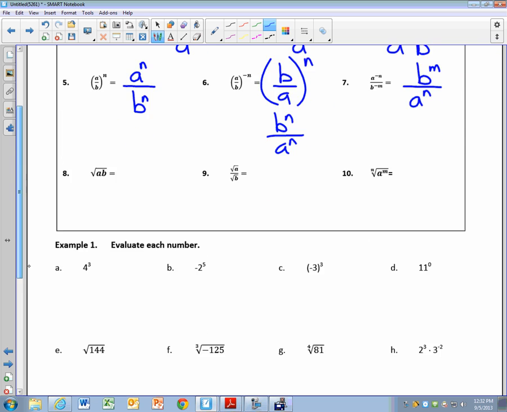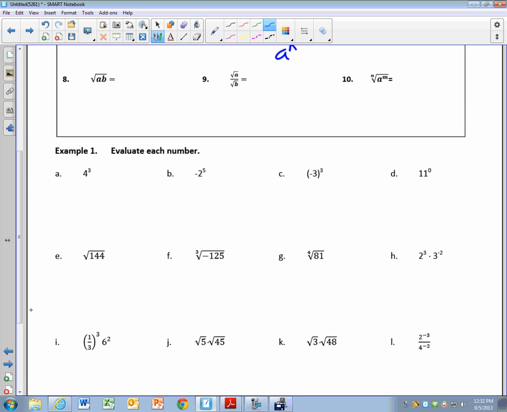What if I have square roots? What if I have the square root of a, b? How can I divide that up? Good. Square root of a times the square root of b. So if you had the square root of 50, you could divide it into the square root of 25 and the square root of 2. So if it's multiplied, you can divide them up. If it's divided, you can write it as one square root.